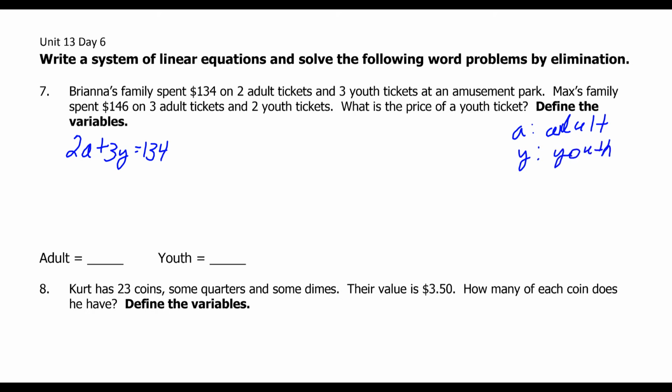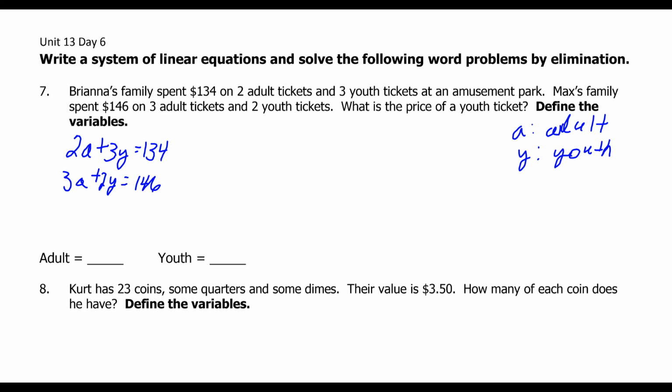And then Max's family, it's going to be 3a plus 2y equaling 146. Now, just like before, we don't have anything that jumps out and screams to us, hey, we can cancel.